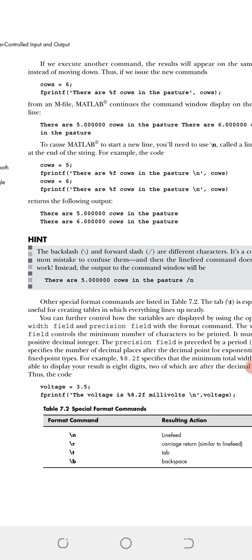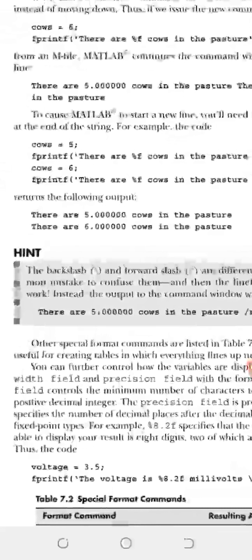You must put \n after that comment. Let's look at it here. Cows equals 5. fprintf, there are %f cows in the pasture, \n, comma, cows. There are %f in the pasture, \n, comma, cows. Now, if you run this program, this is how it's going to look like.